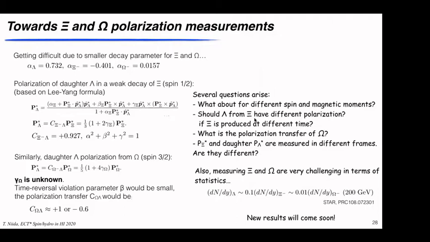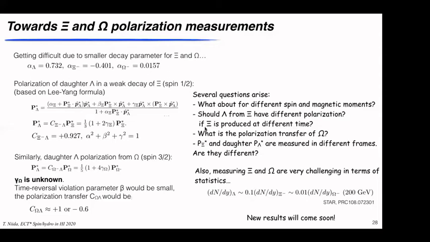And of course, the same for the polarization transfer of Omega. Experimentally, the polarization of Xi or daughter lambda will be measured in different frames, either in the rest frame of Xi or lambda. So are they the same?